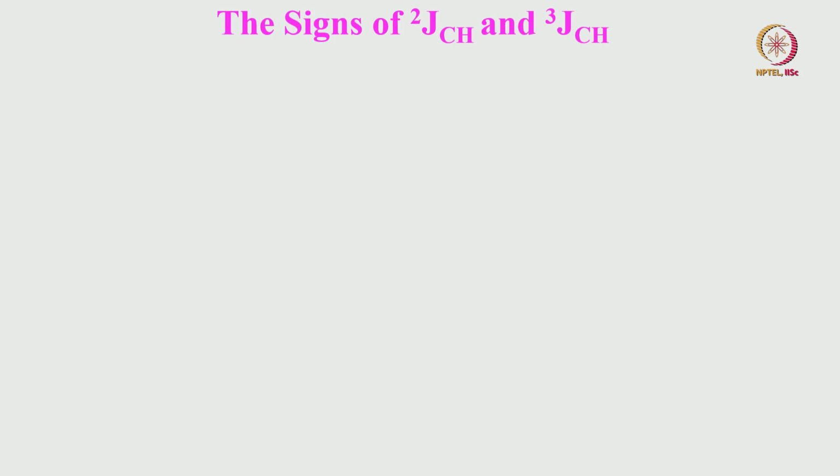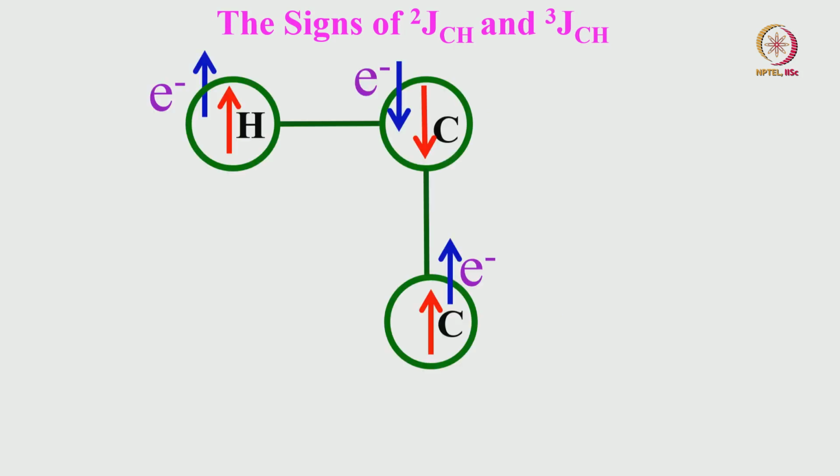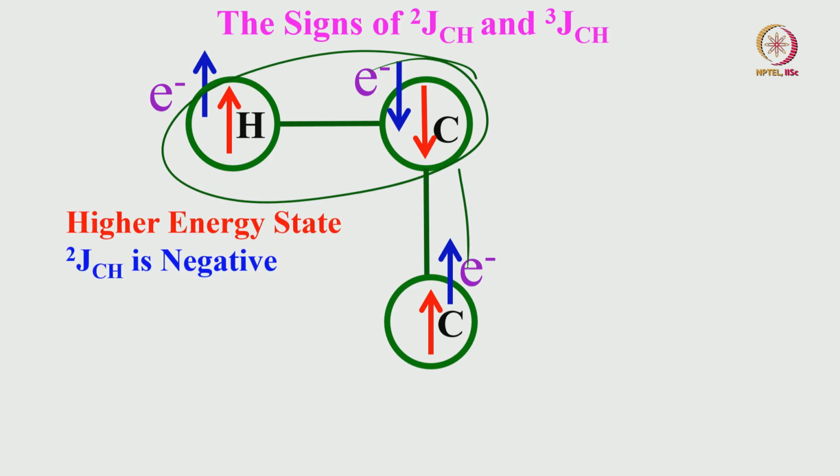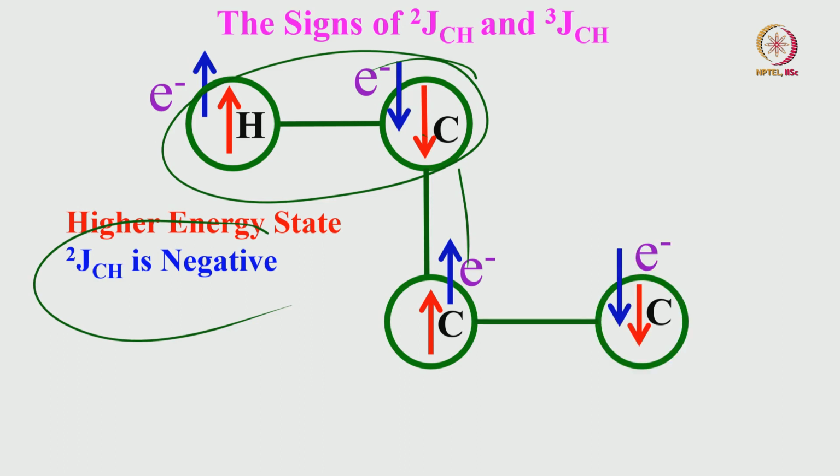Then what about two bond and three bond couplings of carbon and proton? Again, one bond coupling we know, extend it for another bond. If you extend the same logic, then these two are like this. Higher energy state you will have, that means you are going to get a negative JCH.